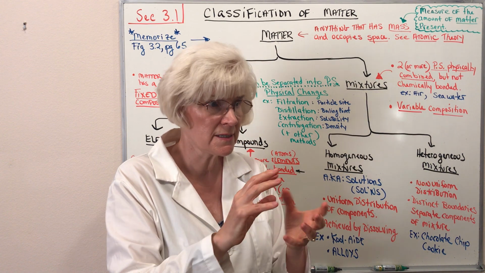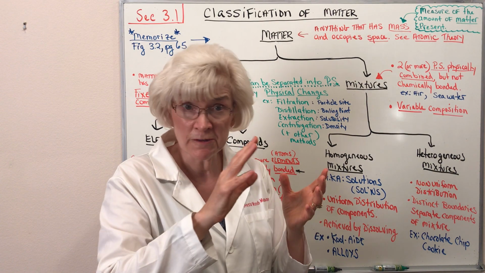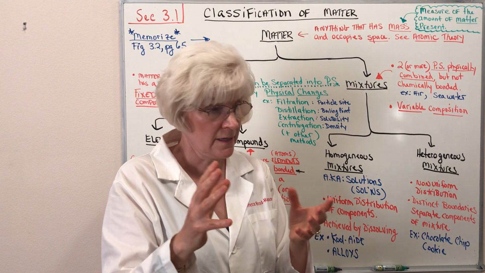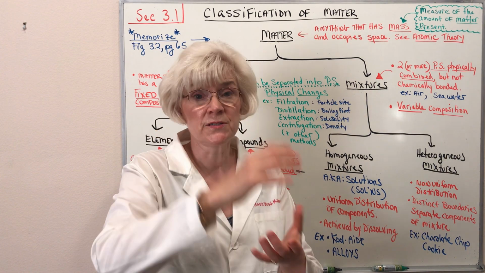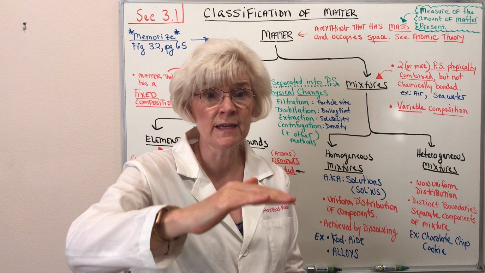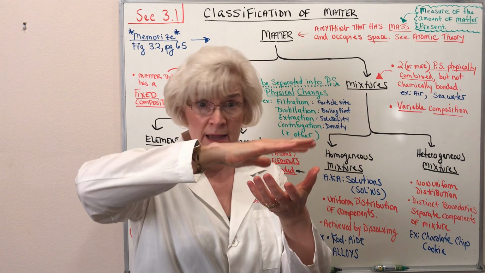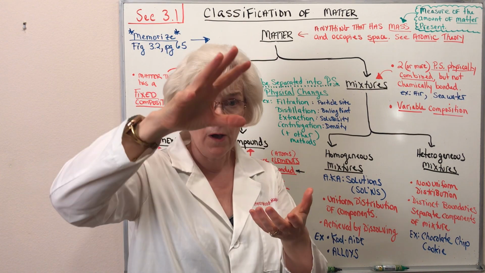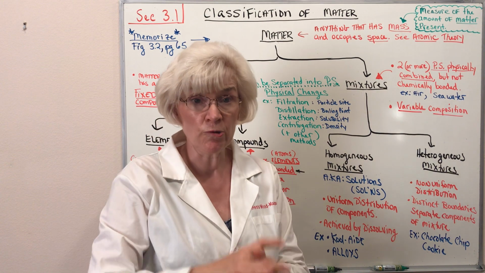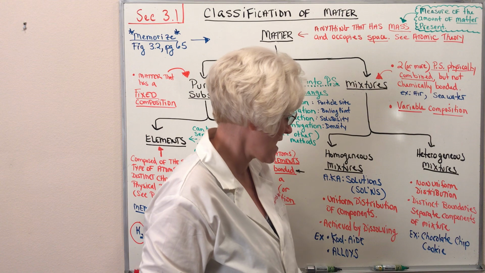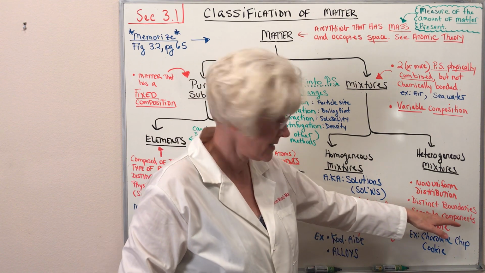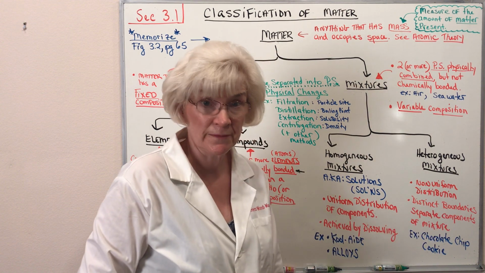You can clearly see boundaries or even different phases present. If you've ever scooped up sand and salt water, that's a heterogeneous mixture. The sand is in the bottom of the container and then the salt water, seawater, is above it. You see a boundary or a phase separating them. So heterogeneous mixtures have distinct boundaries that separate the components of the mixture.